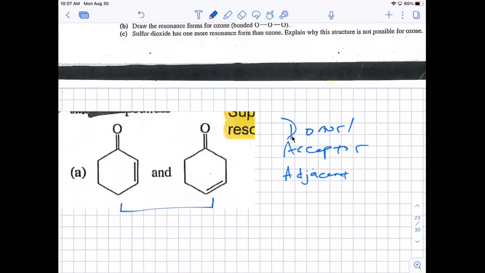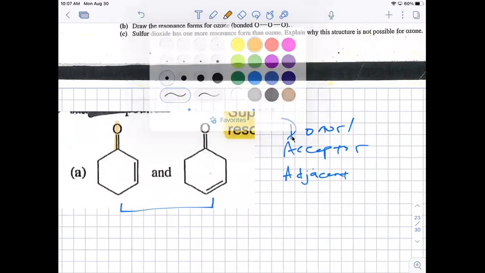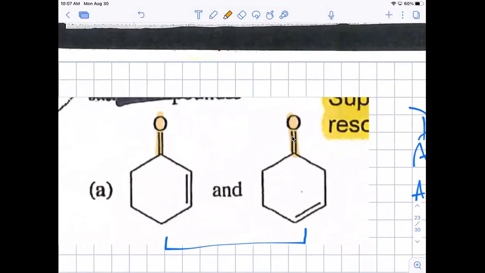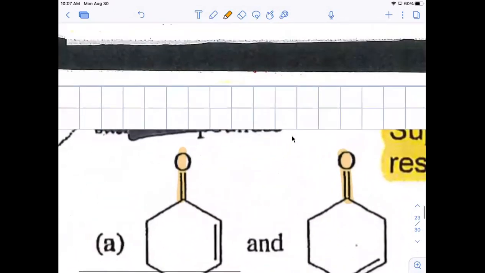But let me ask this question. Can somebody tell me what functional group this is? Carbonyl. Very good. It's a carbonyl. But what is the specific type? Because remember, carbonyl is generic.